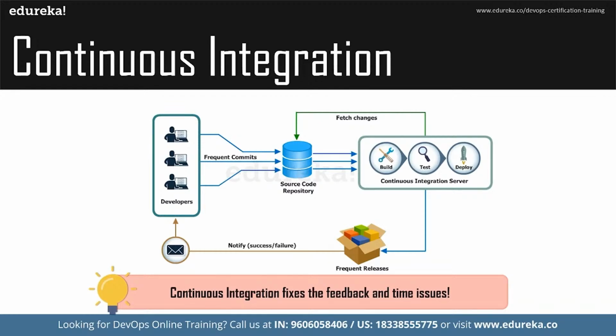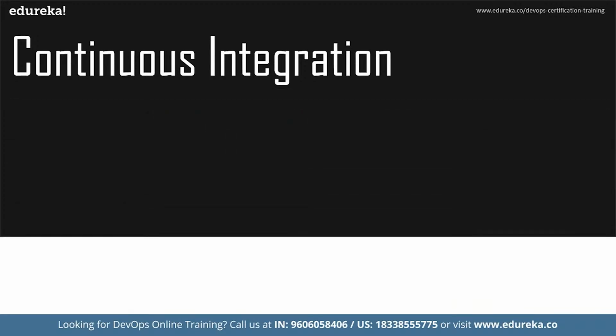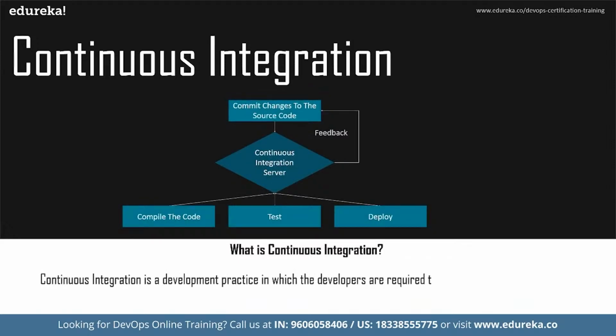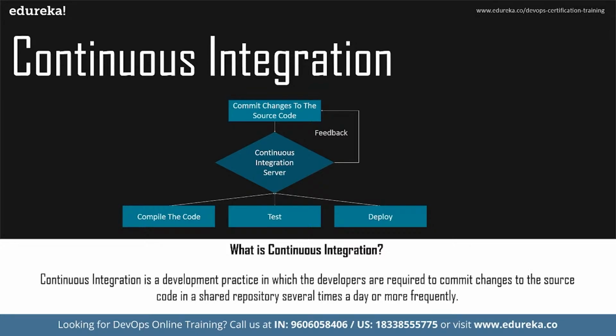This also increases the frequency of new software releases, and the concerned development teams are always provided with relevant feedback. So let's move forward and see what exactly is continuous integration. So continuous integration is a development practice in which the developers are required to commit changes to the source code in a shared repository several times a day or more frequently.